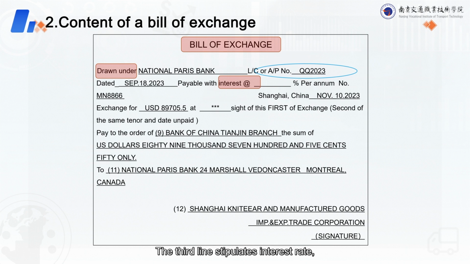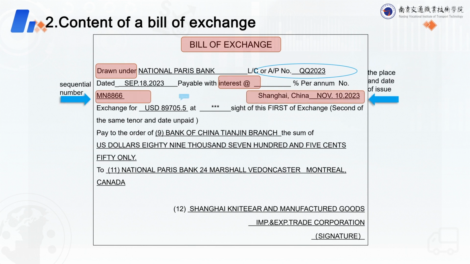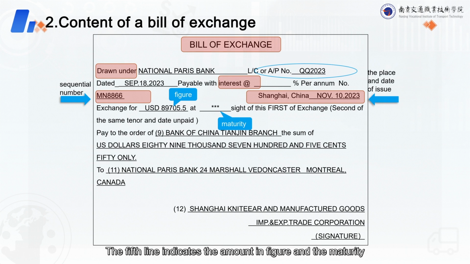The third line stipulates the interest rate, if any, at which interest should be paid on maturity. The next line is the sequential number of this bill, the place and date of issue. The fifth line indicates the amount in figures and the maturity of this bill.